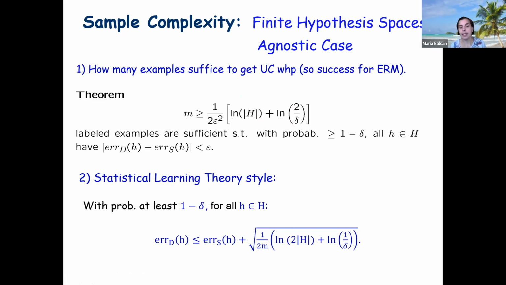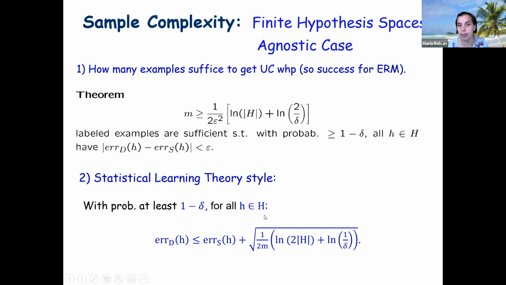No matter how many training samples we have, if we have m training samples, we can show that with high probability, at least 1 minus delta, uniformly for all classifiers h in my search space, I can upper bound the true error rate by the empirical error rate plus a term that looks like square root of 1 over 2m, roughly speaking, times log size of H. This term decays and goes to 0 as I see more and more samples.